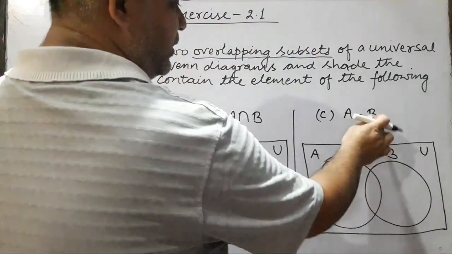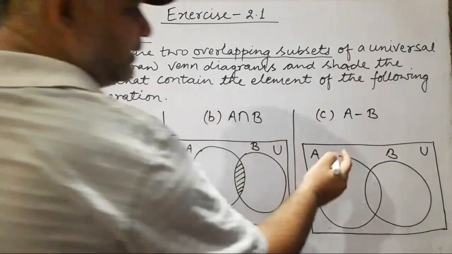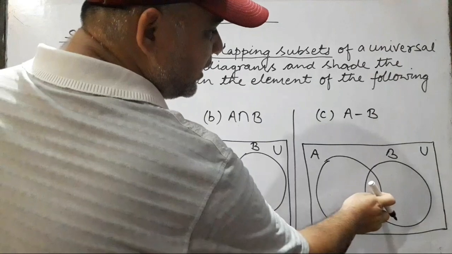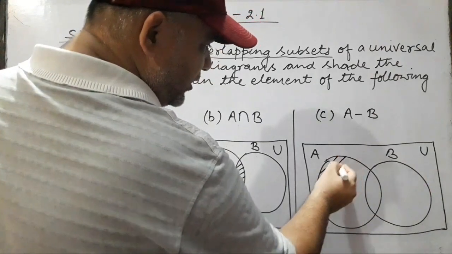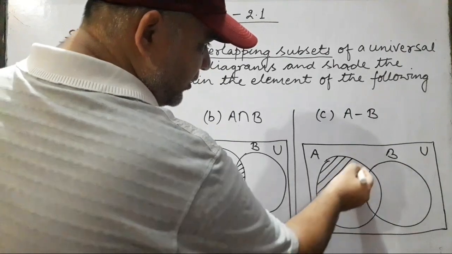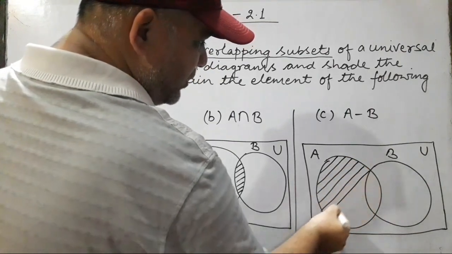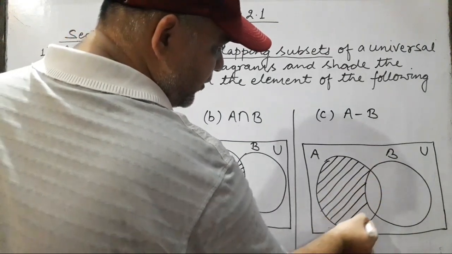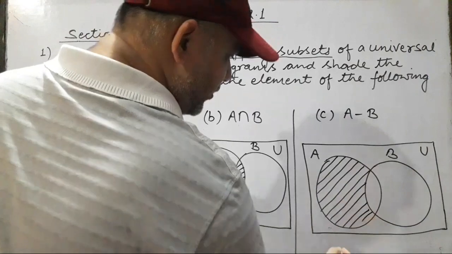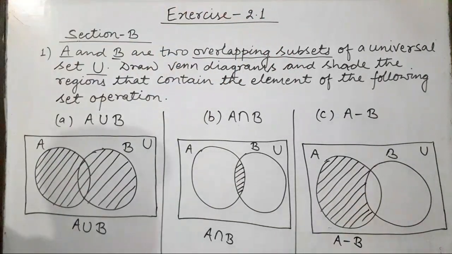A minus B means the elements which are contained only in set A. Here this part belongs to B as well, so I should shade only this part. This part belongs to only A, that is A minus B. So this is A minus B.